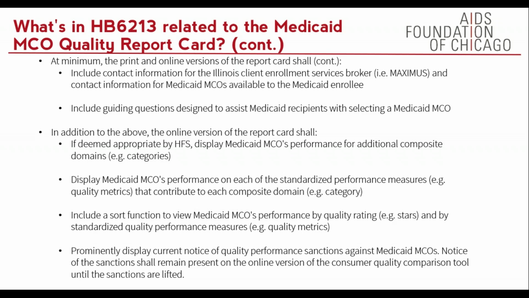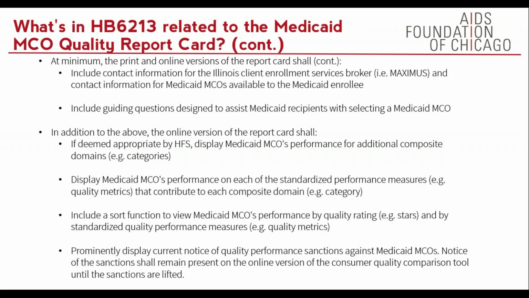So the idea was that on the online version, you really should be able to go through and, almost like a drop-down menu, be able to sort and look at specific quality measures or metrics within each category or domain, and be able to see the MCOs' performance against one another on that specific quality metric or measure. So while the information is available right now on the online version, it's just not available in a sort function.